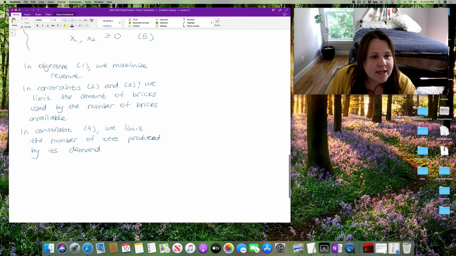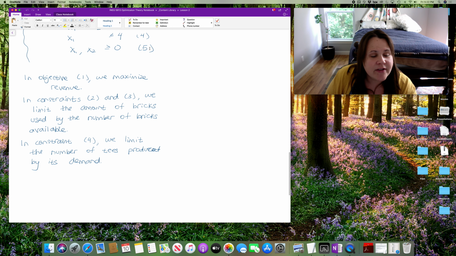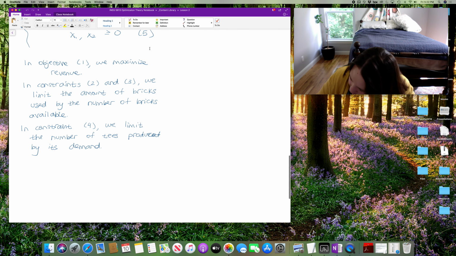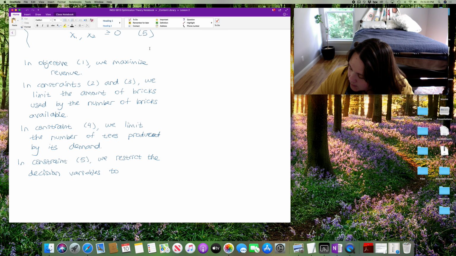And then lastly, I'll just scroll up. Constraint 5 is non-negativity. And so I'm going to say in constraint 5, we restrict the decision variables to be non-negative.